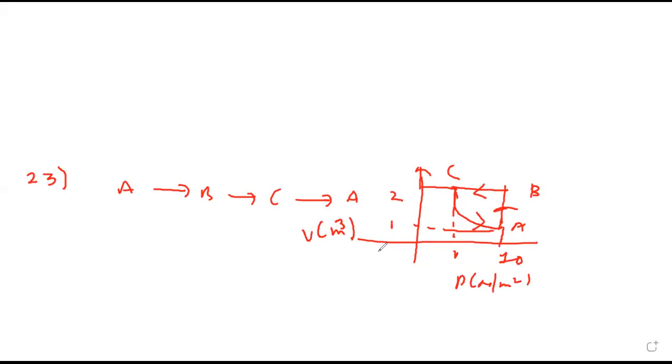If net heat supplied to the gas is 5 joule, Q net is 5 joule, then find the work done by gas in the process from C to A. What will be the net change in internal energy?